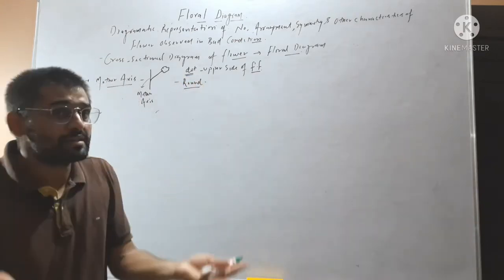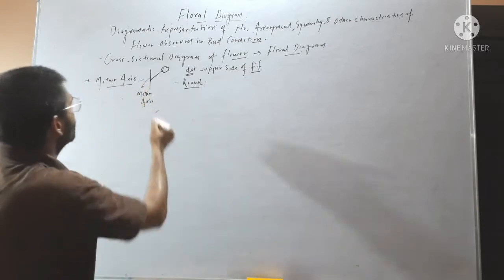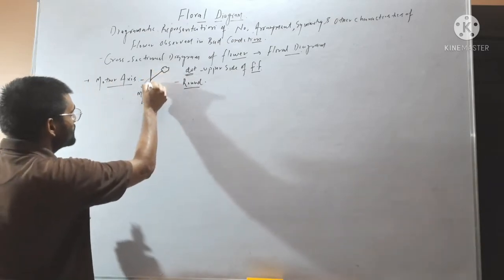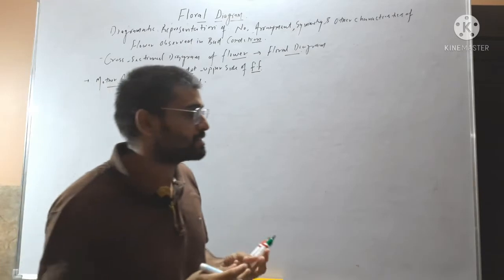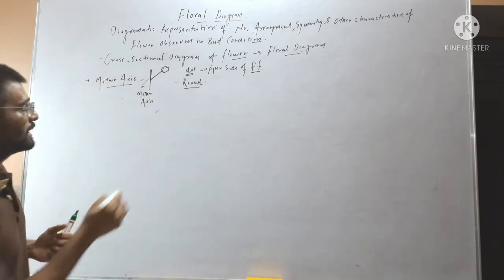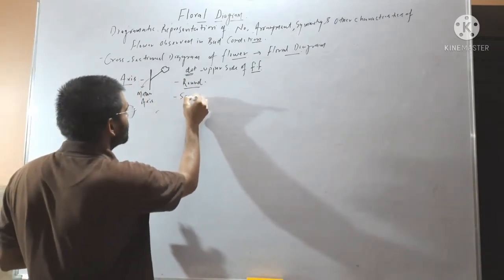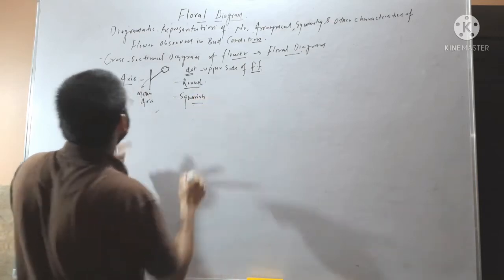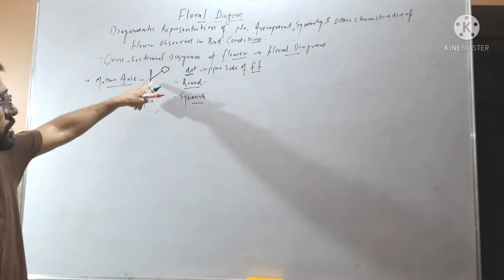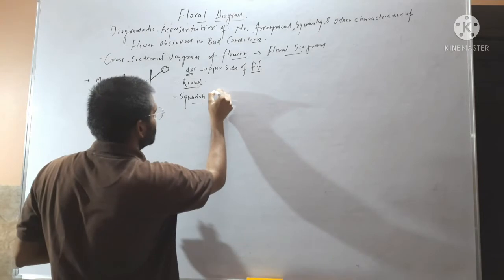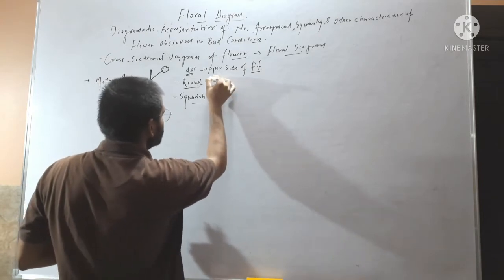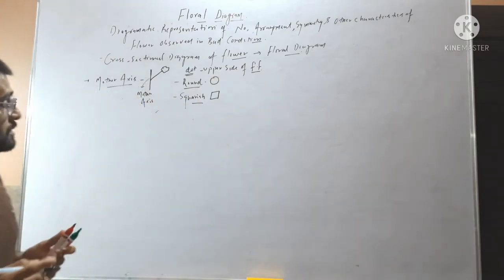In most cases it is round because the mother axis, or you can say this branch, is round, but in some cases, for example in ocimum, it is squarish. So if this branch is squarish, then we will draw the mother axis like this. If it is round, then we will draw like this.